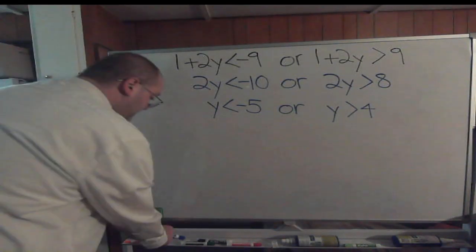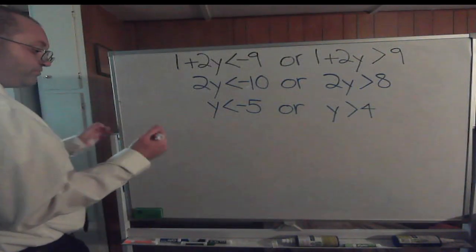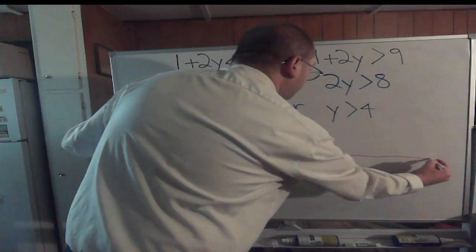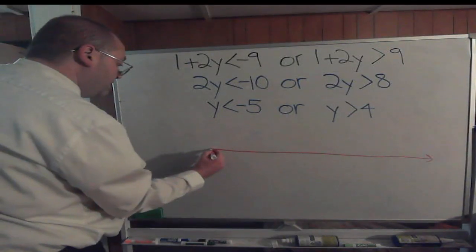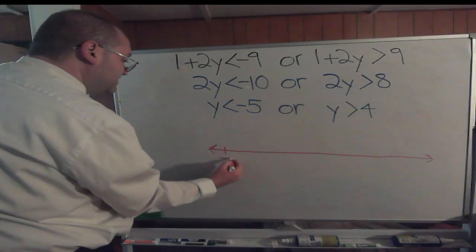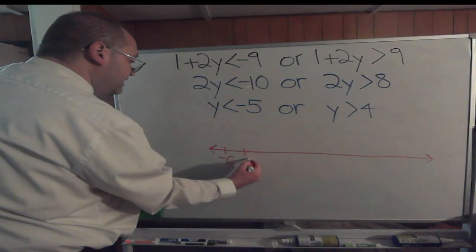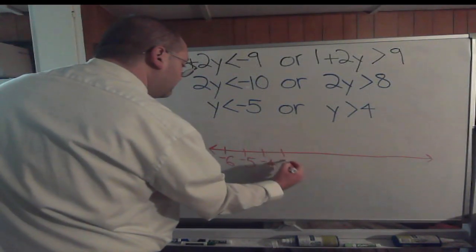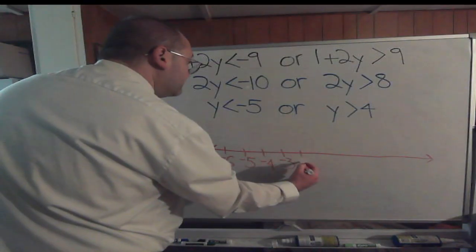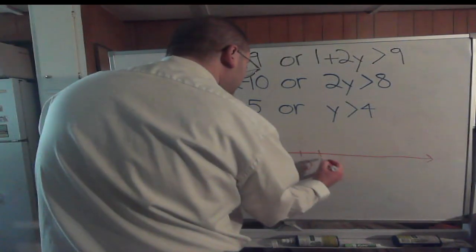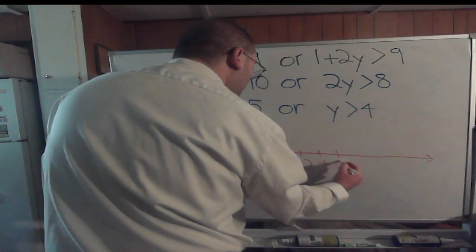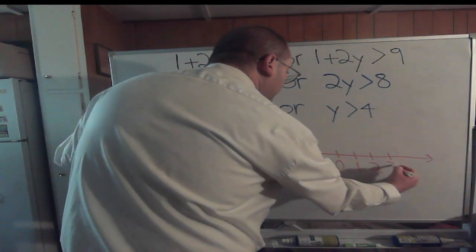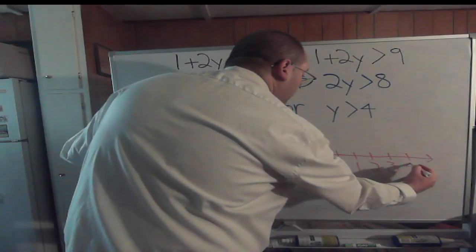All right, last thing, we're going to graph it. So, might want to draw a big one here. Let's see. Put -6 right there, -5, -4, -3, -2, -1, 0, 1, 2, 3, 4.